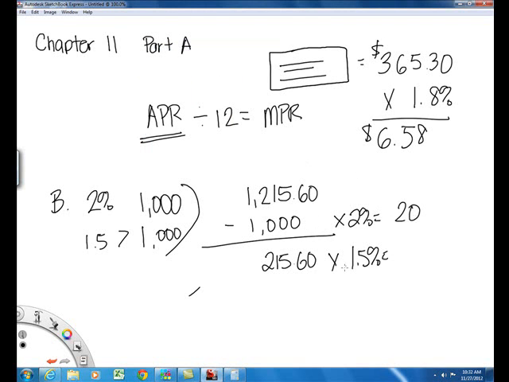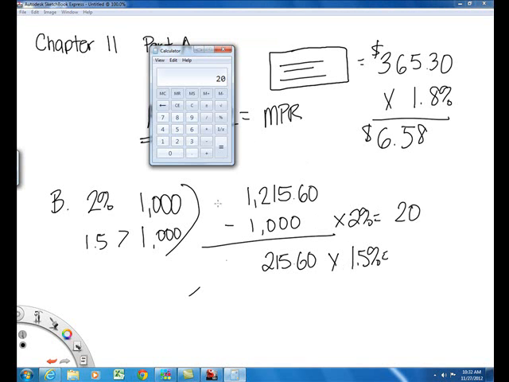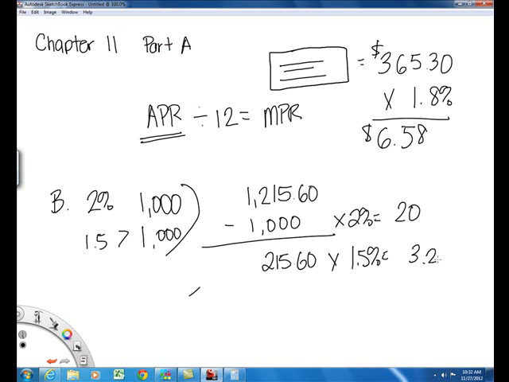So $20 for the first $1,000, and then we had $215.60 over 1,000, and that's done at 0.015, or 1.5%. And that's $3.23. So our total finance charge is $23.23.